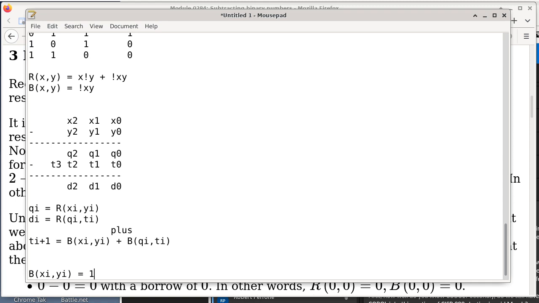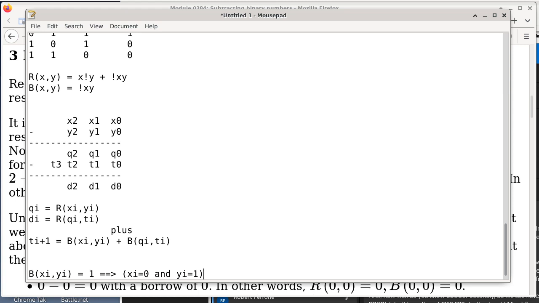And then we'll see what happens to the other borrow. Okay, so what does this imply? If xi minus yi has a borrow, that means only one thing, right? Because this means that xi has to be 0 and yi has to be a 1, right?